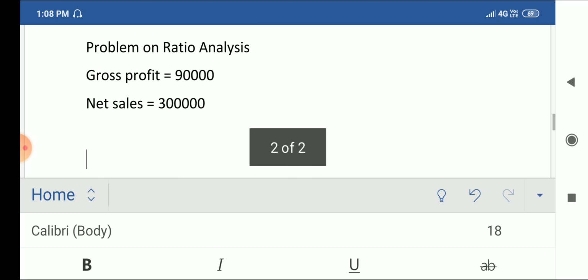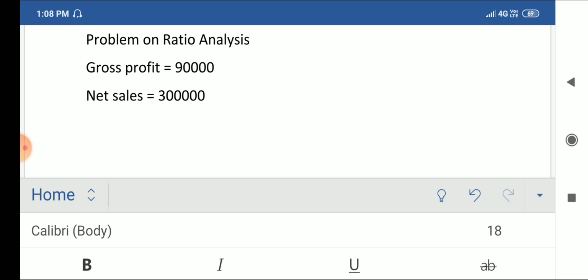Now we use the formula: gross profit ratio is equal to gross profit divided by sales into 100.